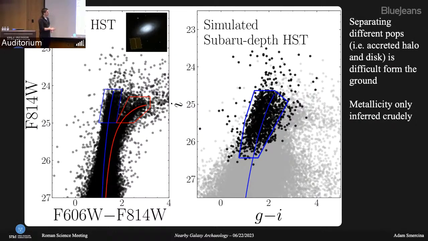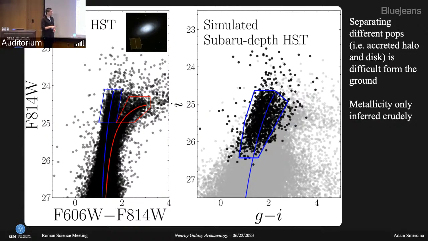This color magnitude diagram over here is what happens if you translate this Hubble photometry to the depth and the filter coverage of our Subaru observations. All these grayed out things are stars that were detected with Hubble that would not be detected with Subaru.